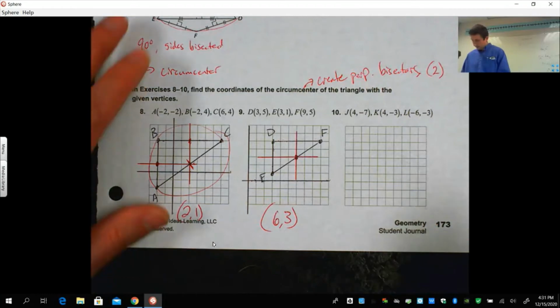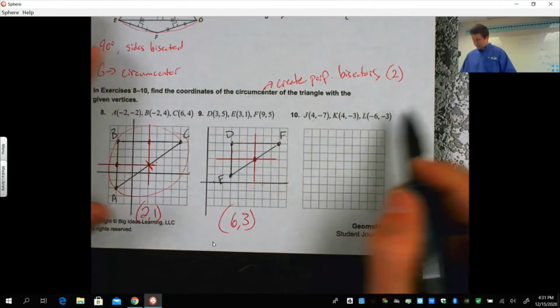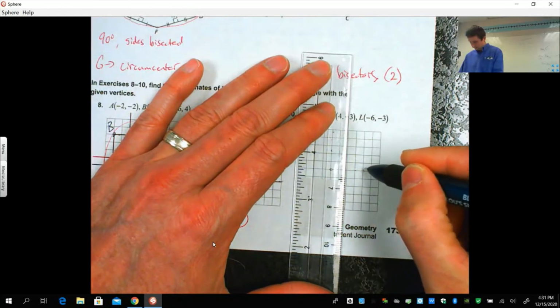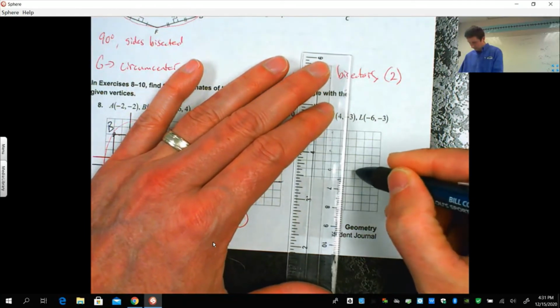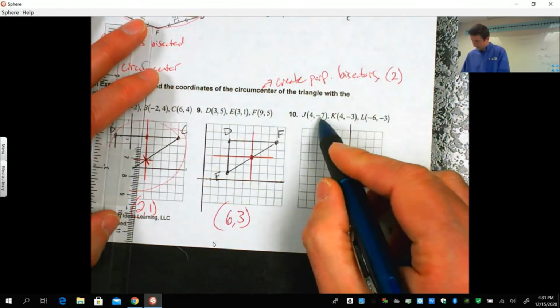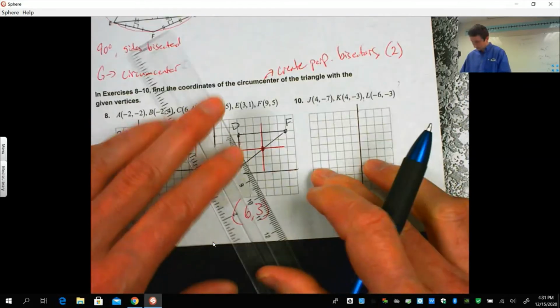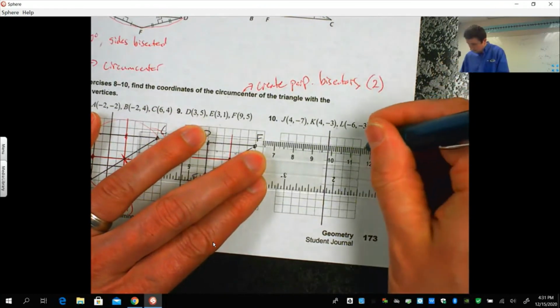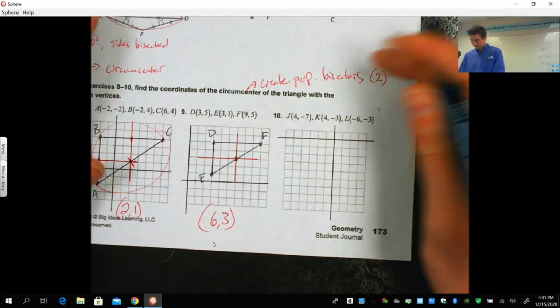And the final one, x values 4, 4, and negative 6. Let's put it right there. And y values negative 7, negative 3, negative 3. So we need to put the x-axis up high. Okay, 4, negative 7.